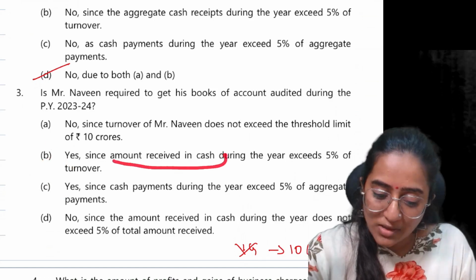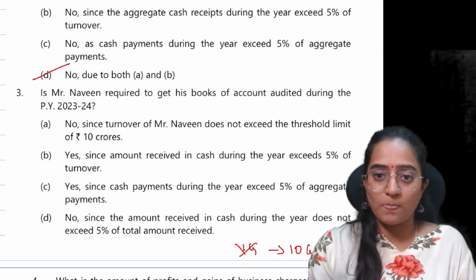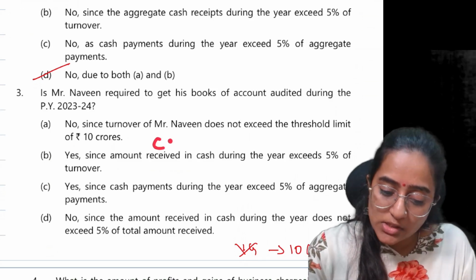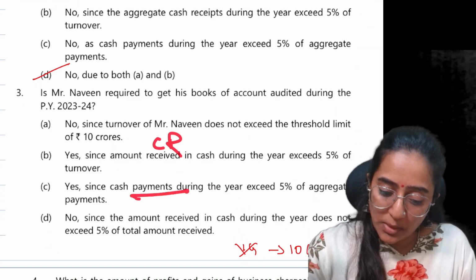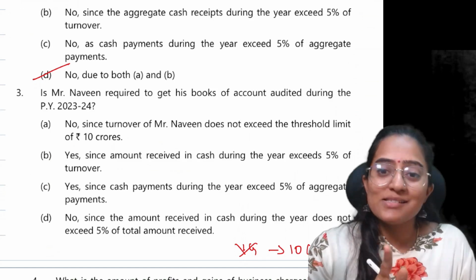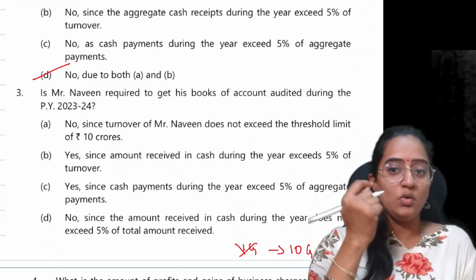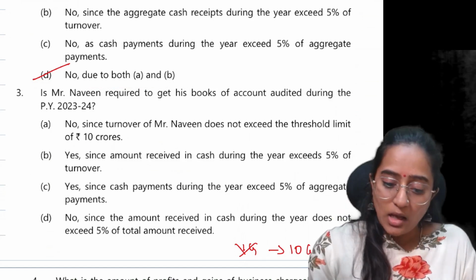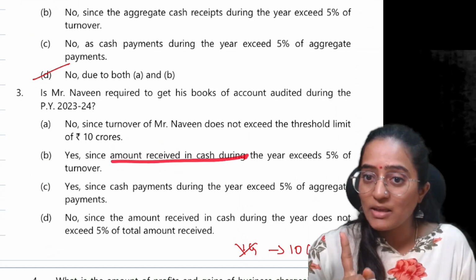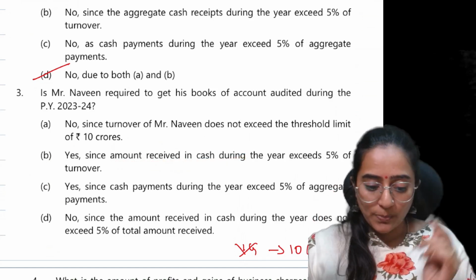Because they have stated amount received in cash, not specifically cash receipt. If they would have mentioned in the question cash receipt and cash payment, they would have given in option D, both B and C, like how they have given in this question, due to both B and C. Then you would have written B and C. Here, amount received in cash is given, people, not cash receipt. Please be careful with these sort of points in your solution. Okay.